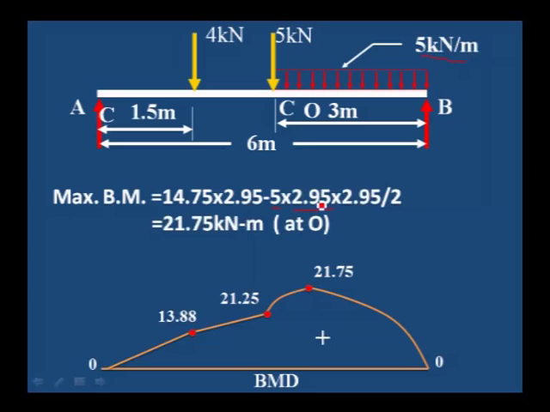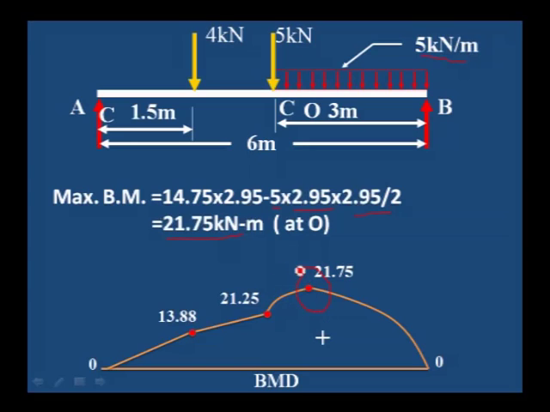We have to consider the uniformly distributed load up to 2.95 only. 5 into 2.95 is the load, which acts at the center of the 2.95, that is 2.95 divided by 2. This is the moment about O. Therefore, the maximum bending moment at O is 21.75 kilonewton meter.